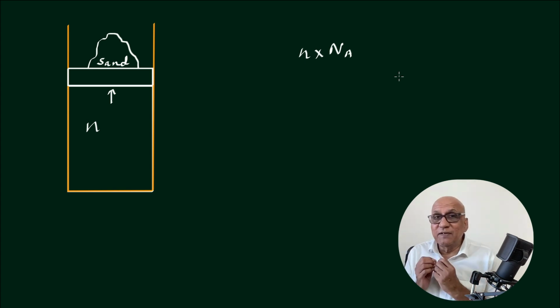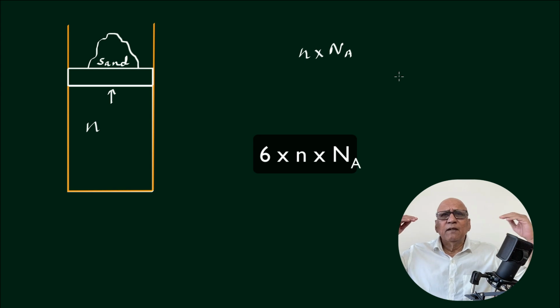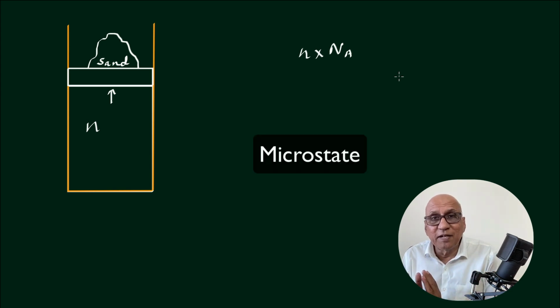That means I need to give 6 numbers per atom. So that means we are talking about 6 multiplied by Avogadro number multiplied by n, the number of moles. That is such a large number of numbers, but if I give you all those numbers, that is describing what is called the microstate of the gas.